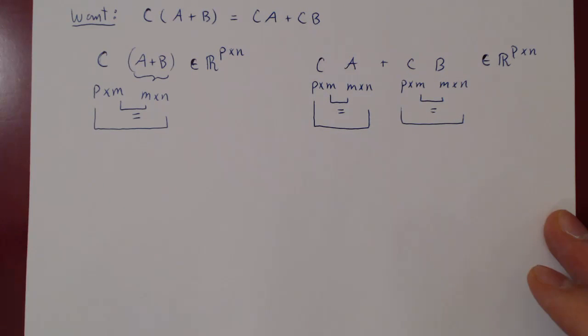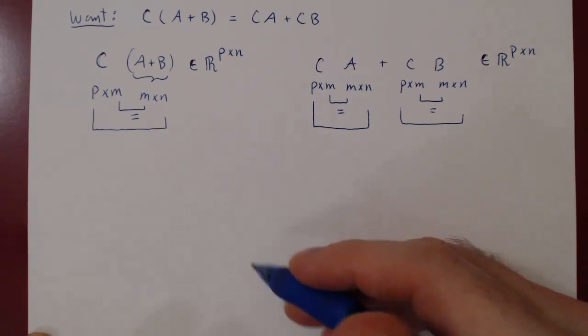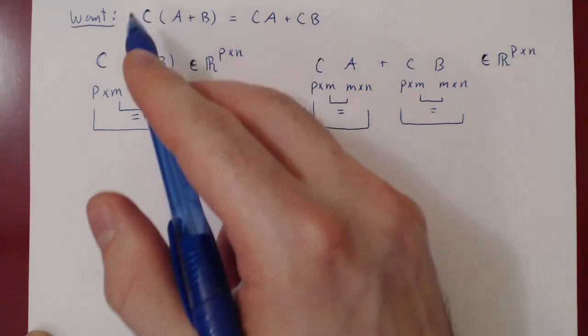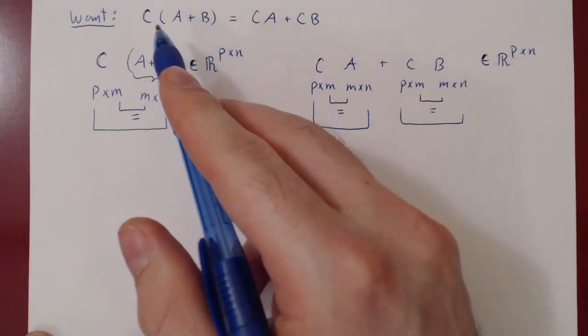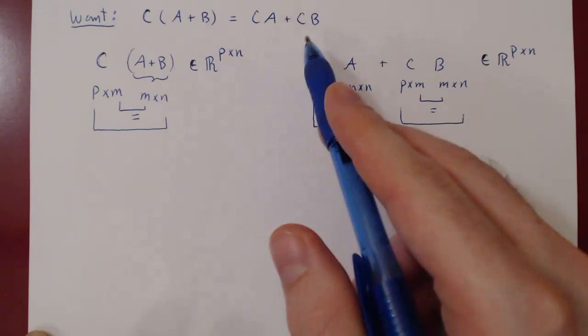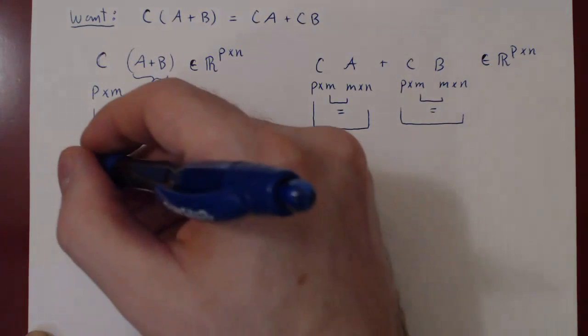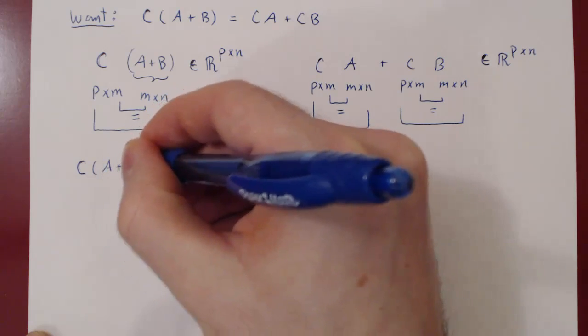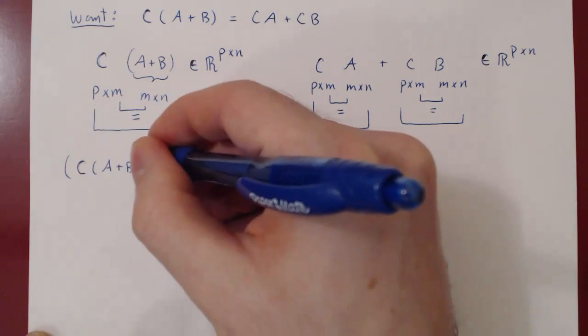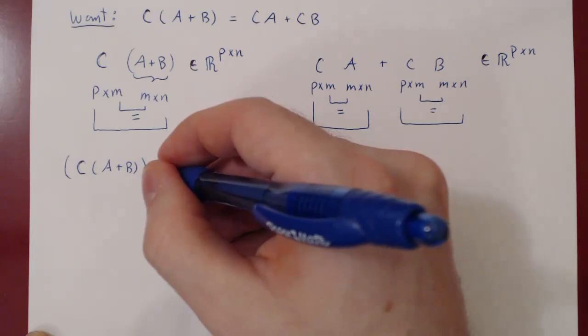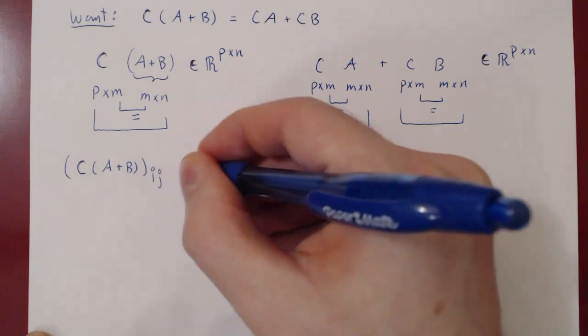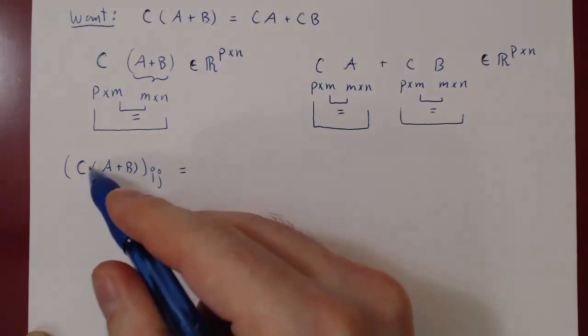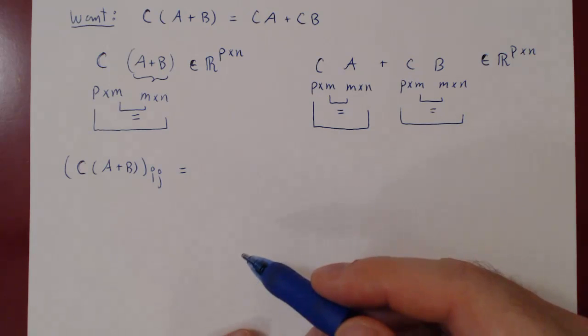This is where things are a little more interesting. So we have to consider an arbitrary entry of the left-hand matrix and show that it equals the same corresponding entry of the right-hand matrix. So our matrix is C times A plus B, and we consider an arbitrary entry, therefore an entry in row I, column J. As we have a multiplication, things are more interesting.